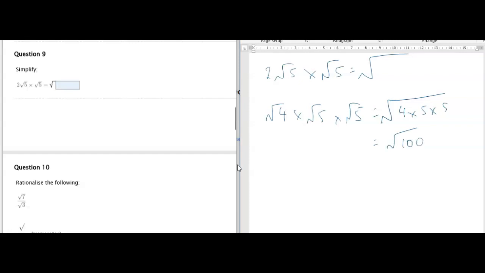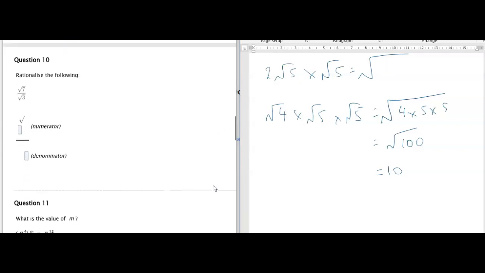So I'm wondering why they're making that the square root, because that is effectively 10. But the answer would be the square root of 100. Bit of a silly question, but we're all learning. So I think the important thing there is doing this, but leaving your answers as the square root of 100, it should be 10.